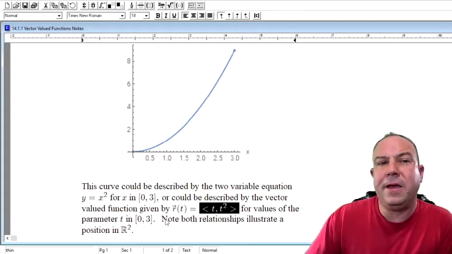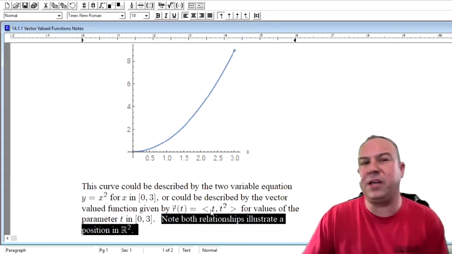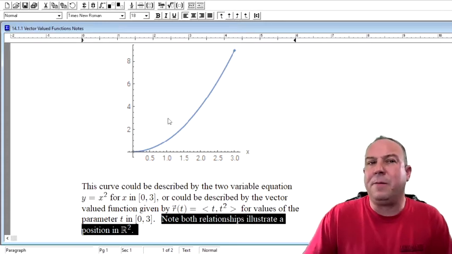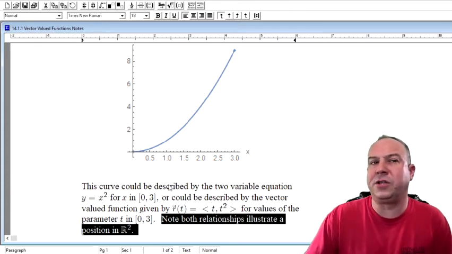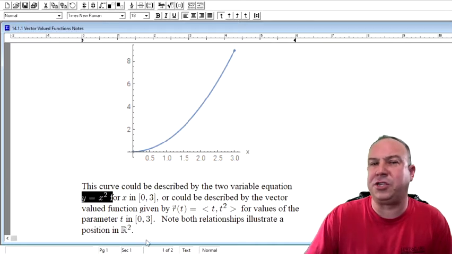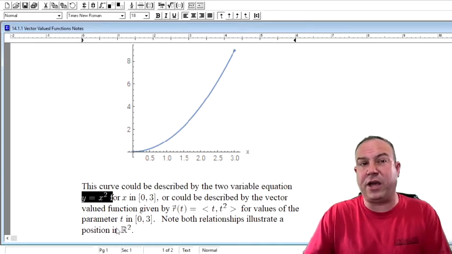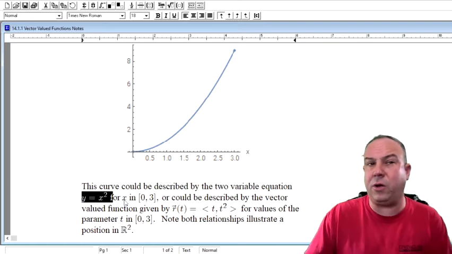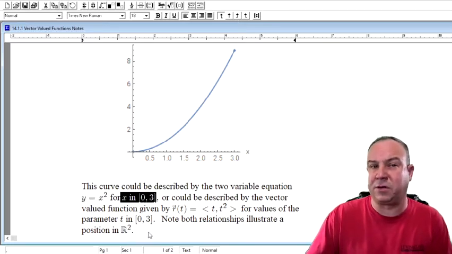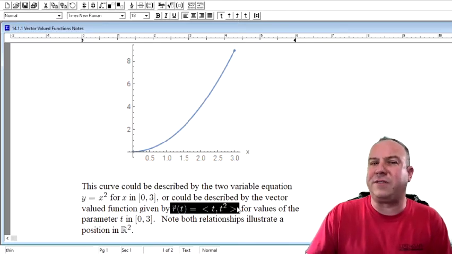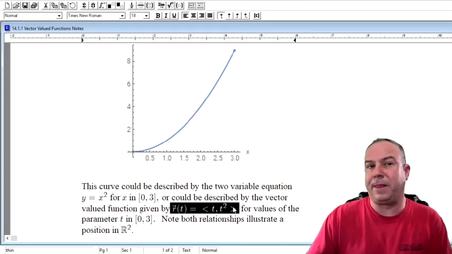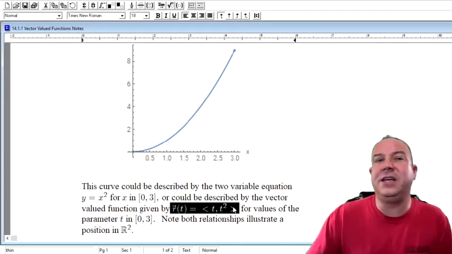And what we do take note of is that both relationships illustrate position in this two-dimensional space. We can either describe that position using a two-variable equation, where y equals x squared for values of x in the interval from 0 to 3, or we can use this vector-valued description, where r bar at t is equal to t comma t squared.